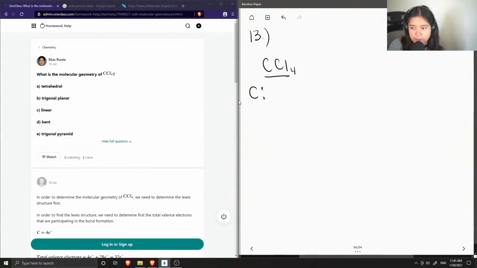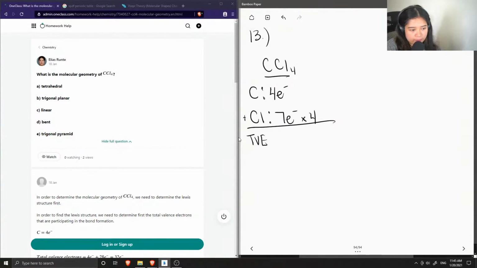So for carbon, there are 4 valence electrons, and chlorine contains 7. And since there are 4 chlorine atoms, we multiply this by 4. And if we add this up, we get a total number of valence electrons equal to 32.